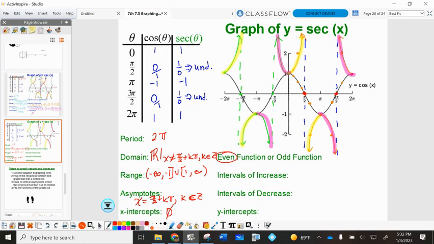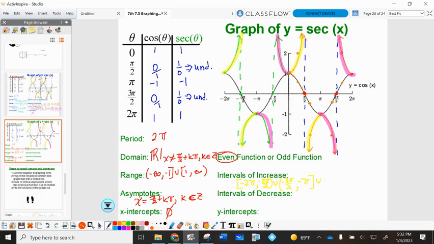So we set our intervals of increase, dot, dot, dot. They're going to start at -2 pi inclusive up to -3 pi over 2 non-inclusive, because that's where my asymptote is at. Union with -3 pi over 2 non-inclusive, because that's coming from the asymptote, towards -pi inclusive.